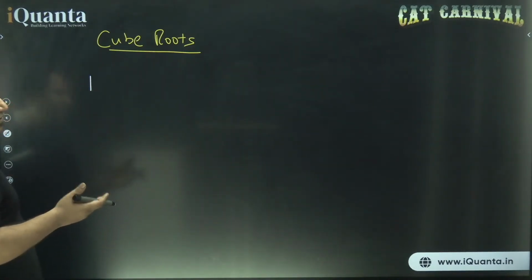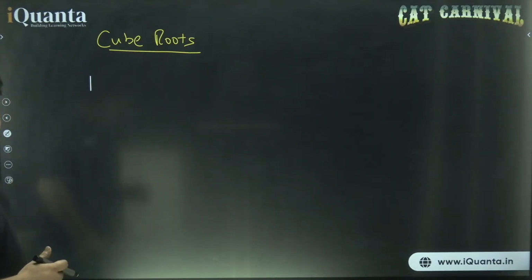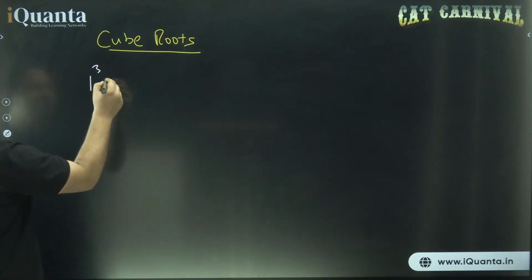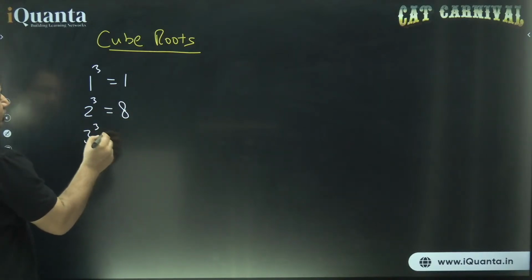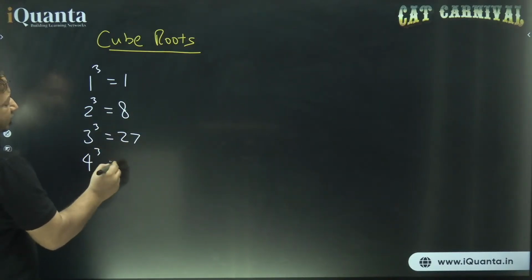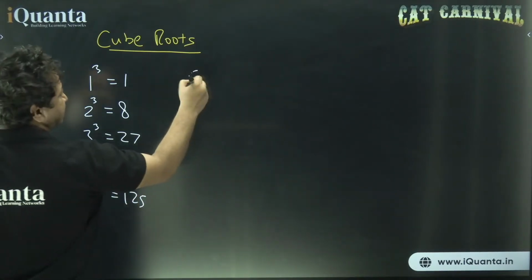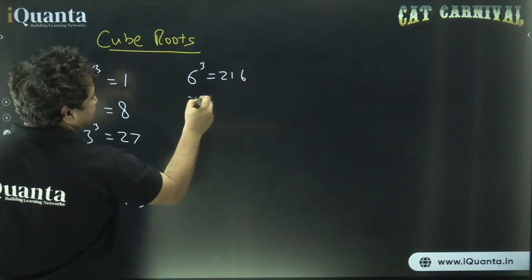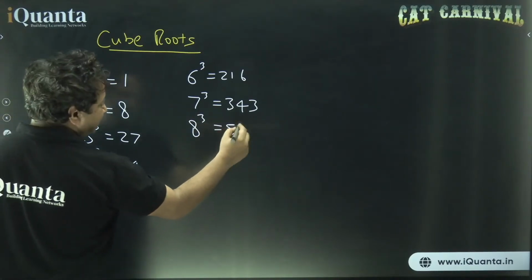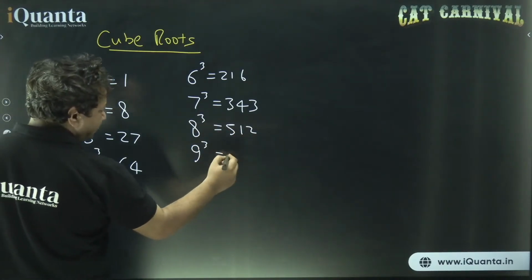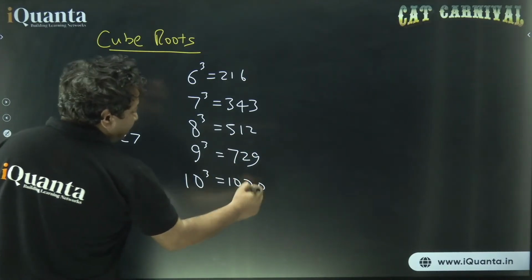Essentially, I ask my students to learn from 1 to 15, but if you have 1 to 10, it will be enough. Let's see. 1 cube is 1. All of us know that. No prizes for guessing here. 2 cube is 8. 3 cube is 27. 4 cube is 64. 5 cube is 125. 6 cube is 216. 7 cube is 343. 8 cube is 512. 9 cube is 729. 10 cube is 1000.